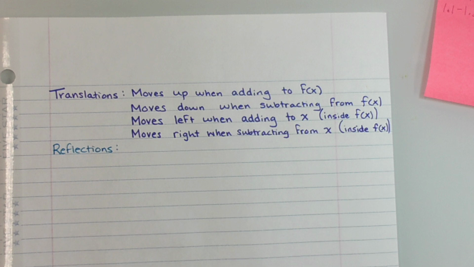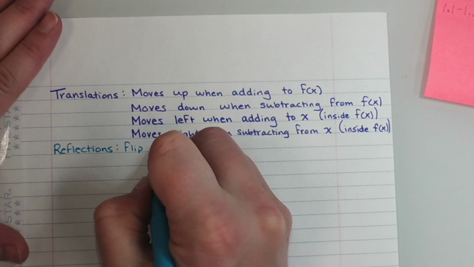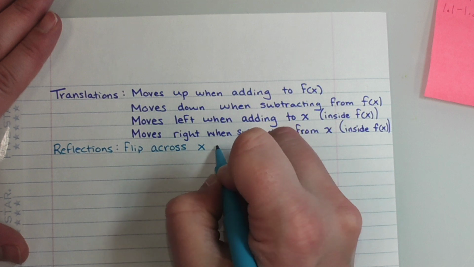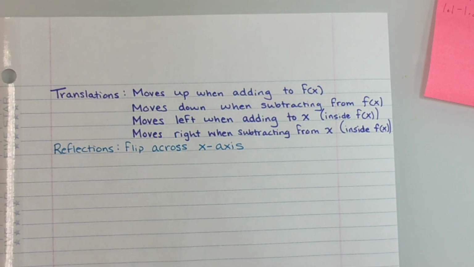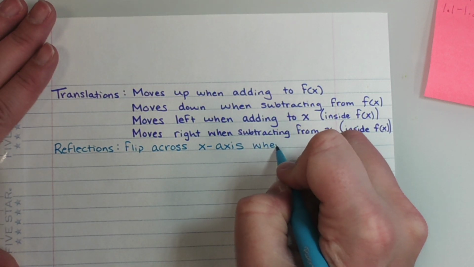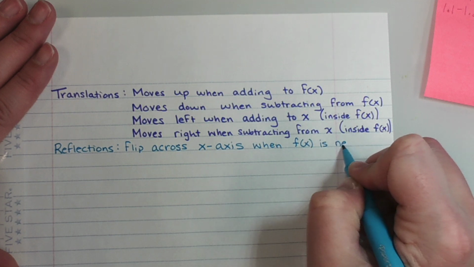When it came to the reflections, there were two different types: flipping across the y-axis and flipping across the x-axis. It flipped across the x-axis, in other words, upside down, when the function f of x is negative.